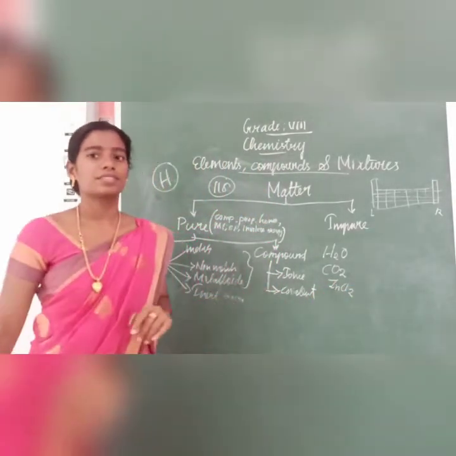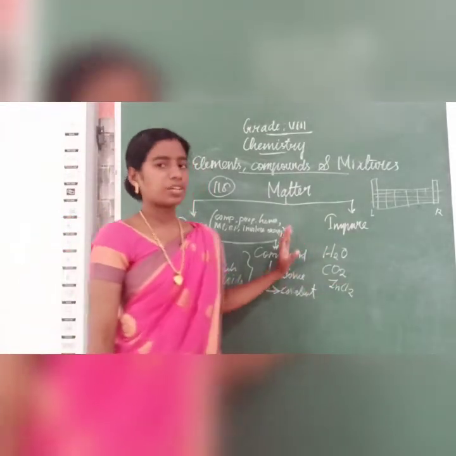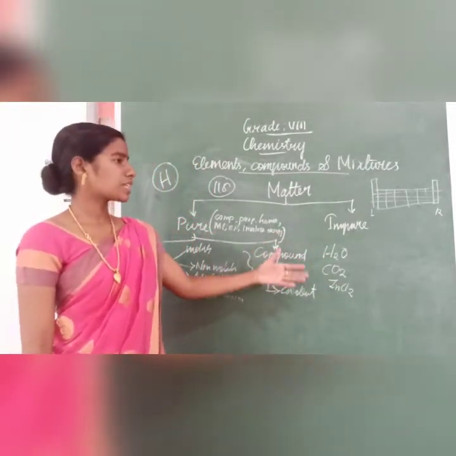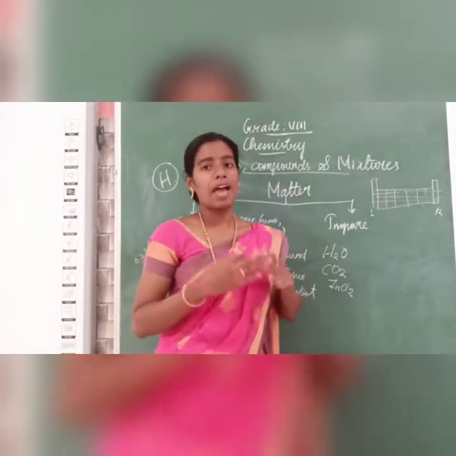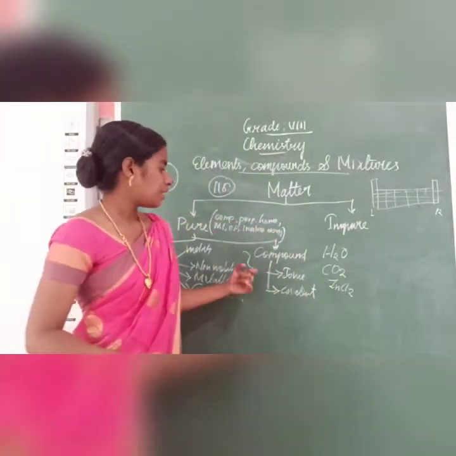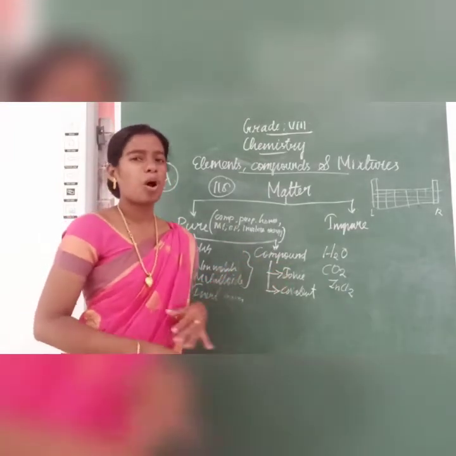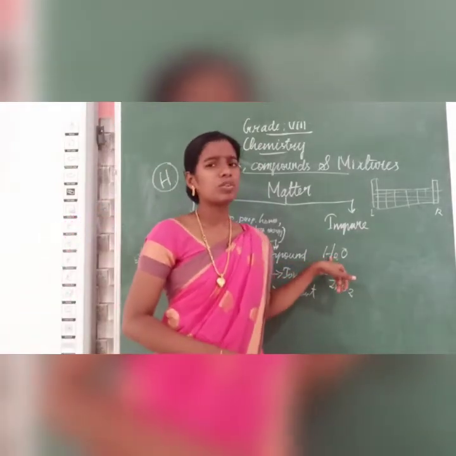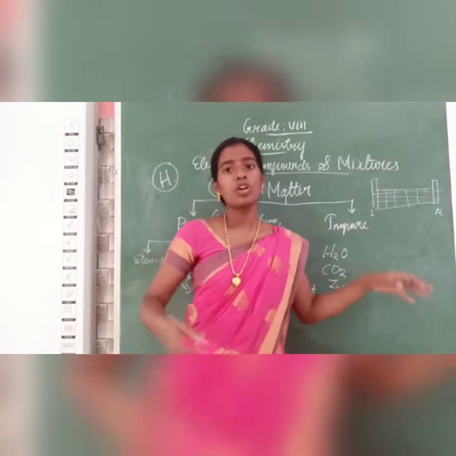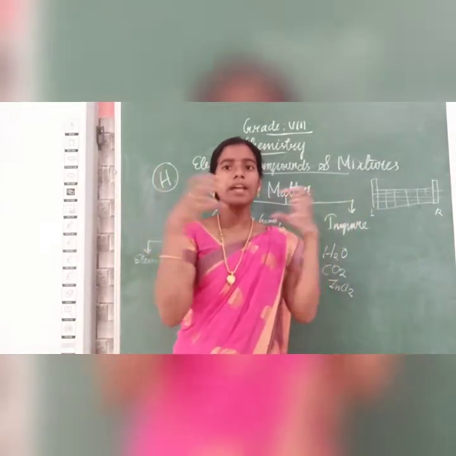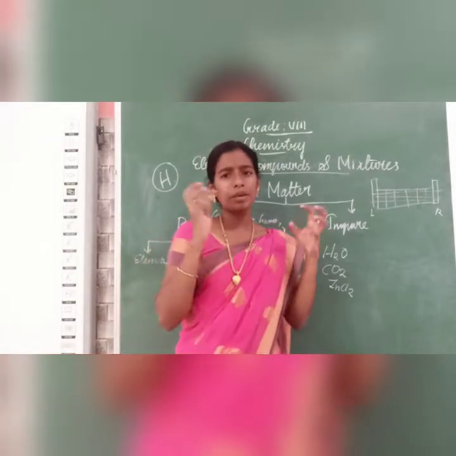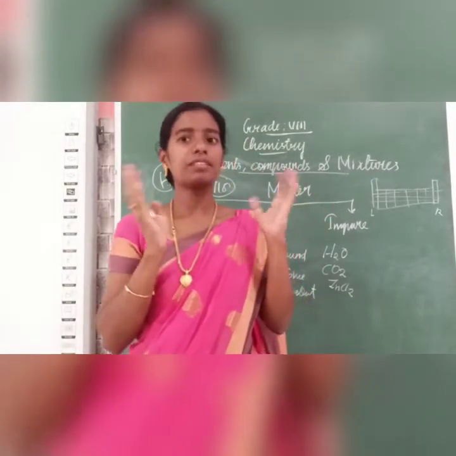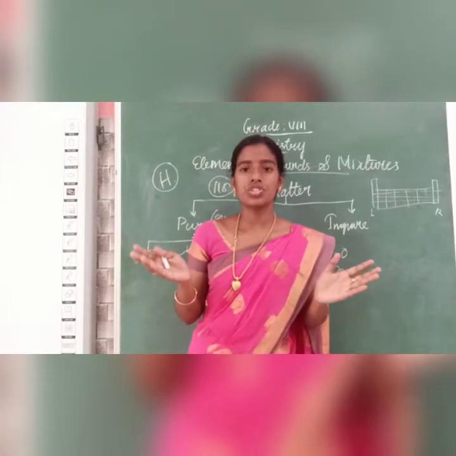Zinc chloride. So, when you consider compounds, they have a combination of different types of elements. Depending upon the bond, consider here water molecule, hydrogen is there, oxygen is there. You have to combine this hydrogen and oxygen to form a water molecule. So, some bonding should be between this hydrogen and oxygen.